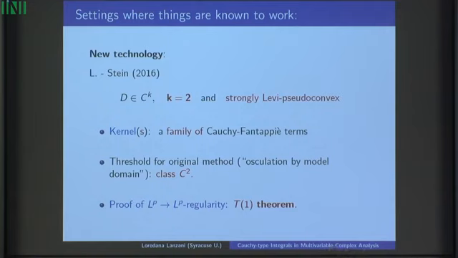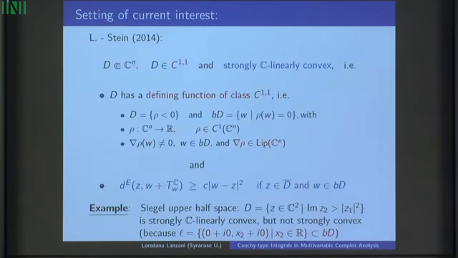And the reason why it took such a long time is because C2 is precisely the threshold where the original method of osculation fails, and you need new technology. And the new technology goes by the name of T(b) theorem, for those of you who have heard this kind of lingo. But I'm going to say nothing about that result, and I'm going to focus on another result, which is 2 years earlier, because that's a result for which I can write the kernel taking only one slide.